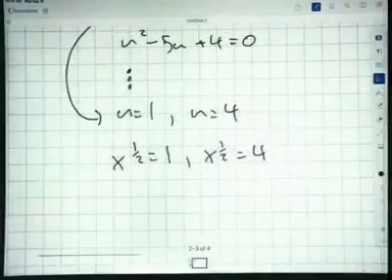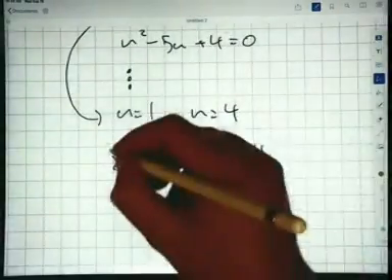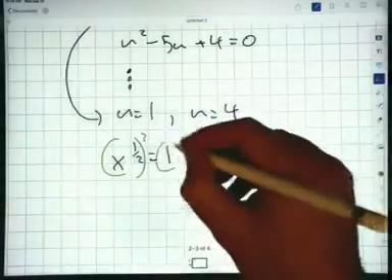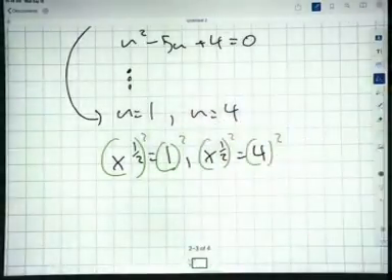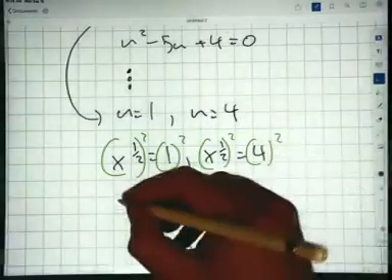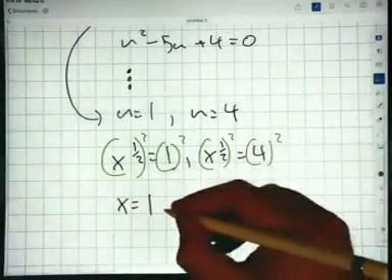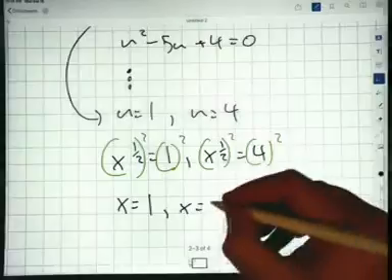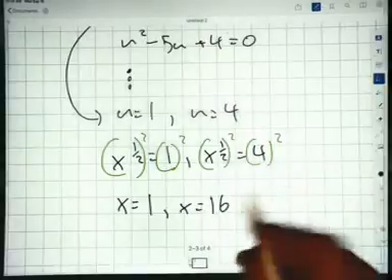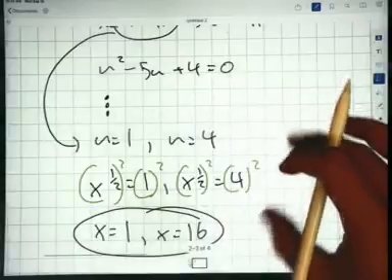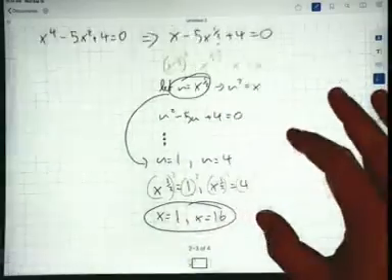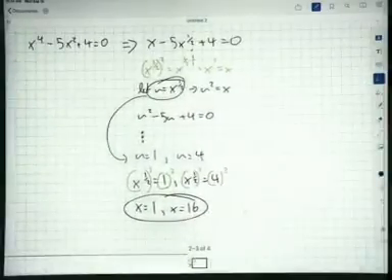Now all you've got to do is just solve this guy. How do we solve this? Square both sides. There we go.